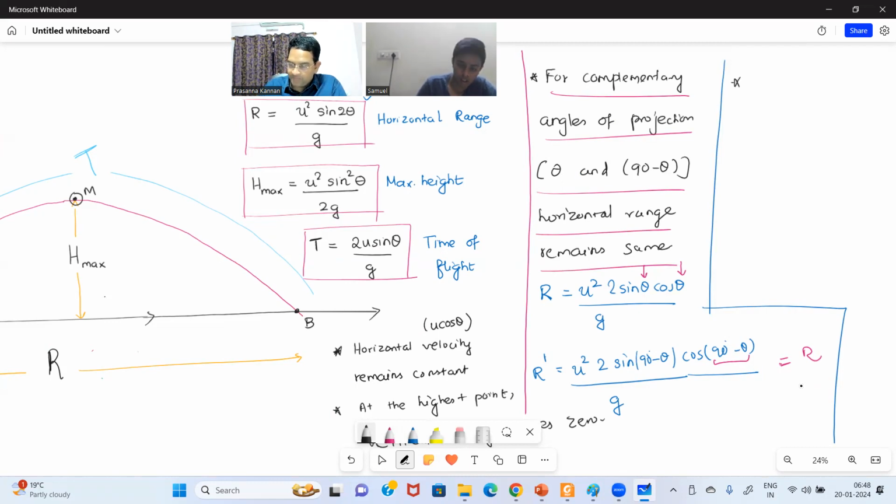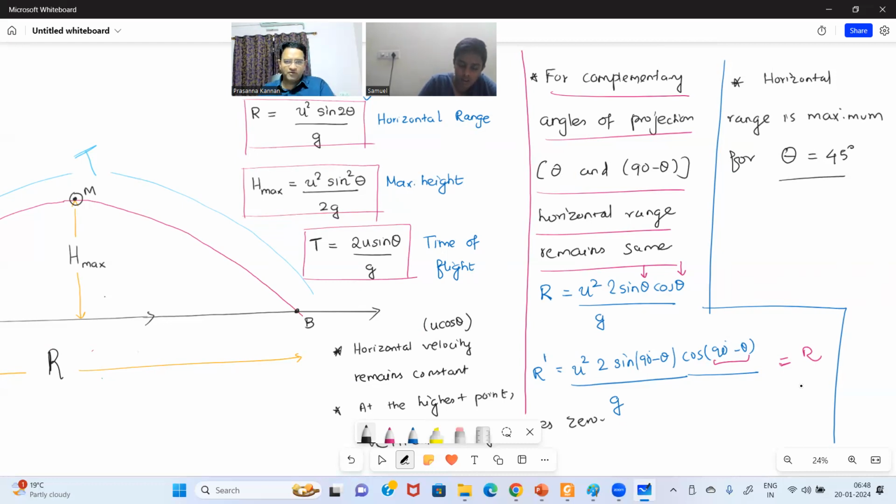Another bullet point. Horizontal range is maximum for theta equal to 45 degrees.